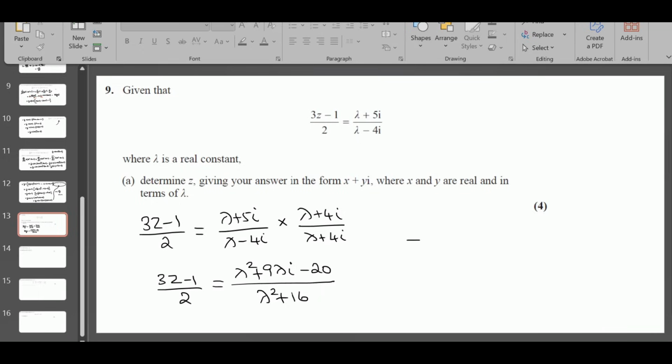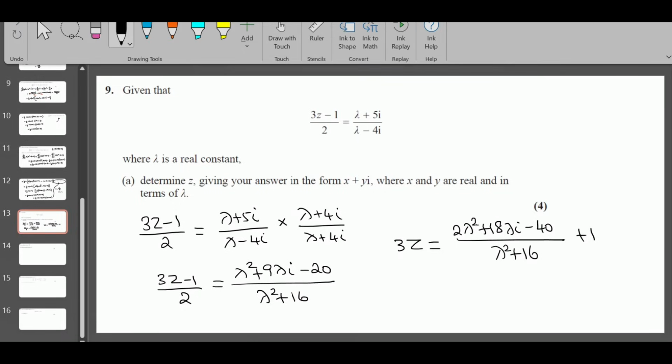So z is basically this whole thing times 2 plus 1 divided by 3. So 2 lambda square plus 18 lambda i minus 40 over lambda square plus 16 when you multiply by 2 plus 1, that's 3z. Calculate this and then find z from here.